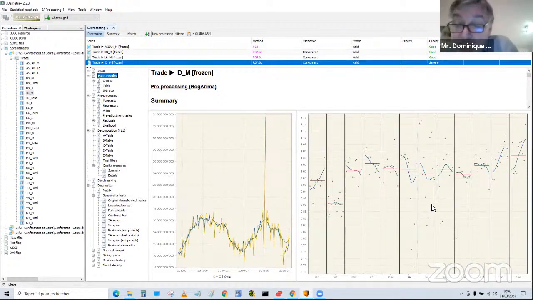And let me have a look. This one seems okay. You see, the evolution for December seems to be well taken into account. This one for November is not so bad. This one for October, not so bad. It's not that bad, okay? The problem is all these points, you know?